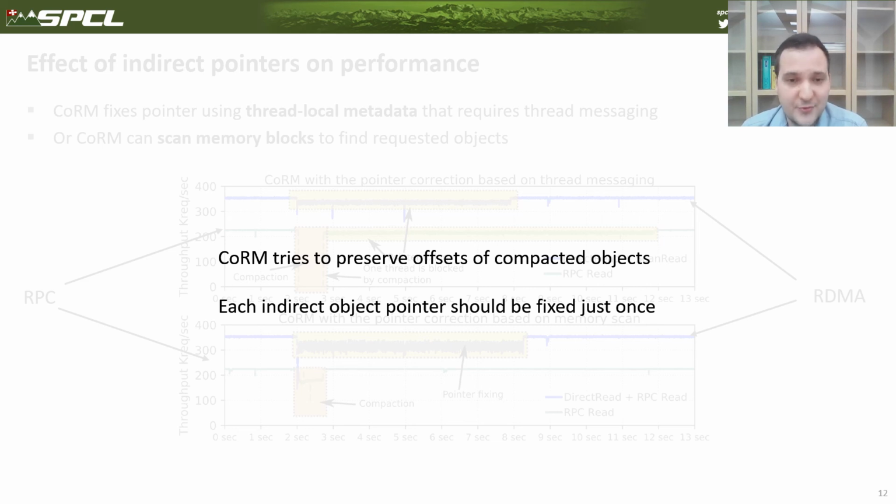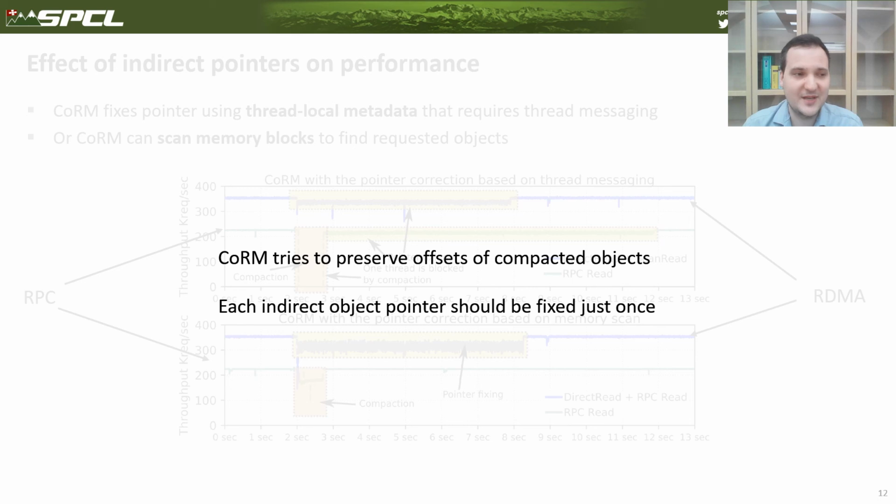And the main reason why we didn't actually see a huge performance drop is that CoRM always tries to preserve offsets of compacted objects. It first tries to move objects to the same offset, and only the objects which have conflicts would be moved to a different offset.